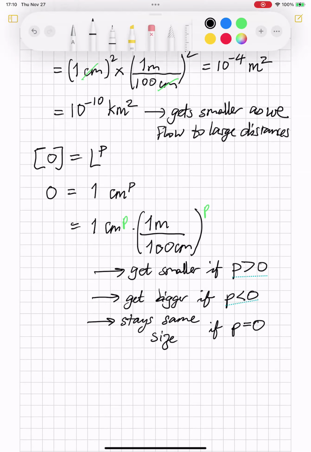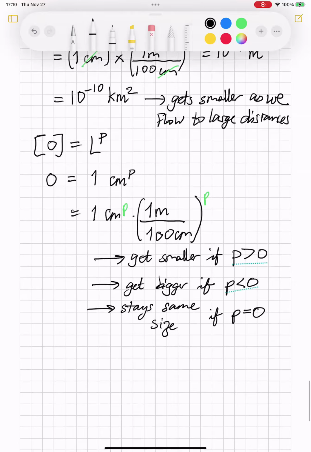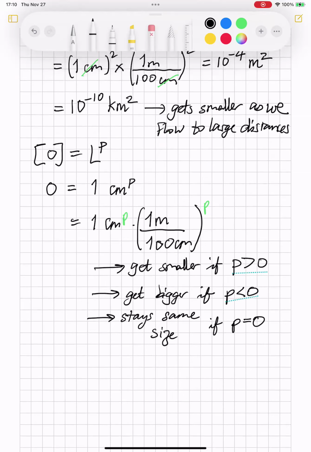So this is what you should think. We're starting off with some microscopic theory. Maybe it's an atomic theory. So the natural length scale for an atomic theory would be 10 to the minus 10 meters. If you want to tell me something in the atomic theory, I want it in units of 10 to the minus 10 meters. So if it's an area, I want to know it in angstrom squared, because then I know how big it is compared to an atom.